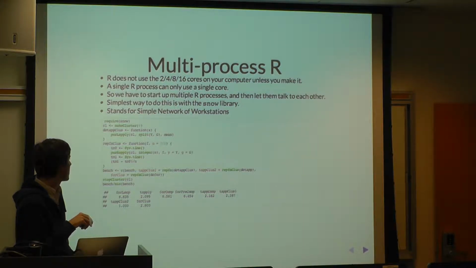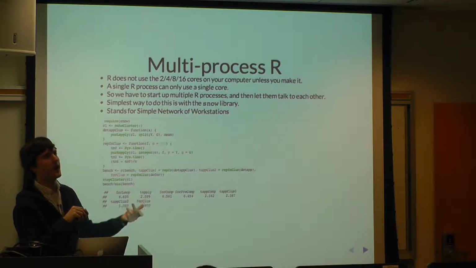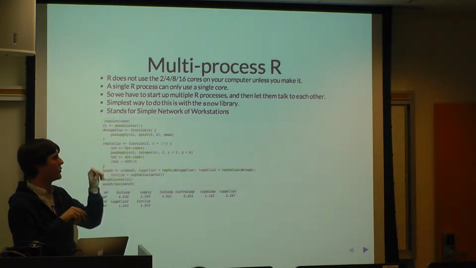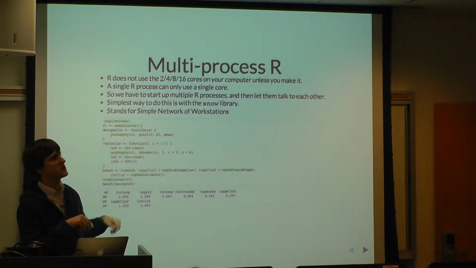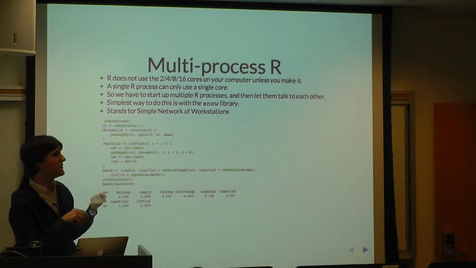I do a couple different ways. At first I do the tapply using the cluster. So for every little tapply we're doing that on the cluster. But remember the tapply was pretty fast.